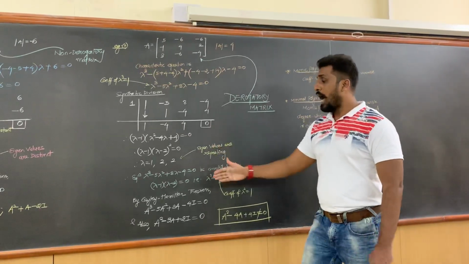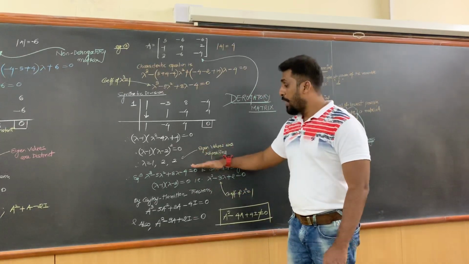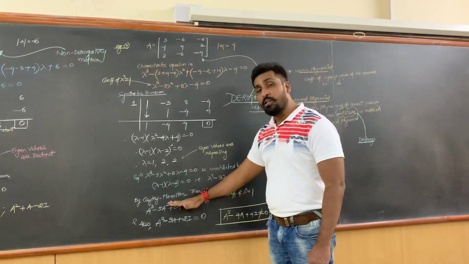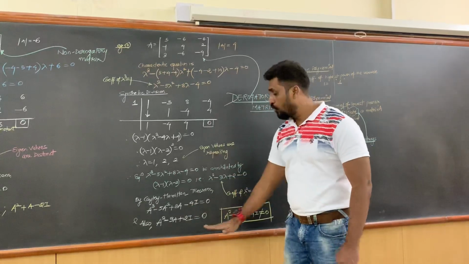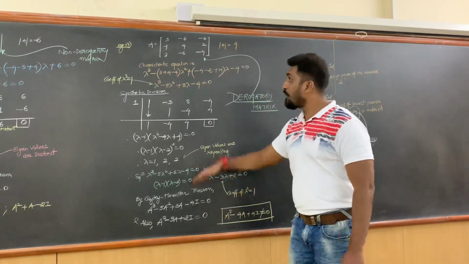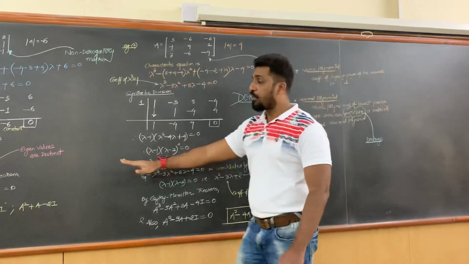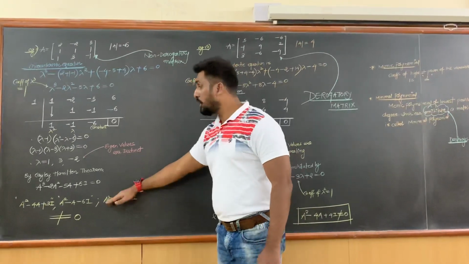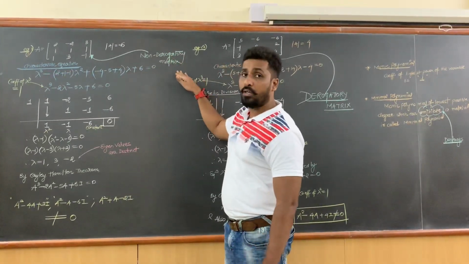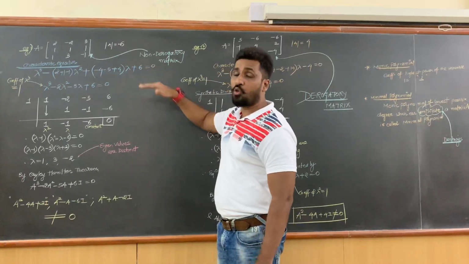Over here, the eigenvalues got repeated. The Cayley-Hamilton theorem equation has reduced to a lower power such that the answer is still equal to 0. Such a matrix is called a derogatory matrix. If you are not able to find a minimal equation, such a matrix is called a non-derogatory matrix. The power has not reduced.